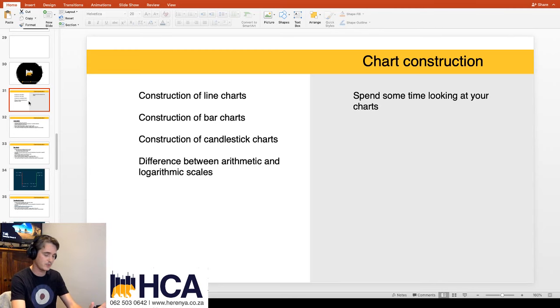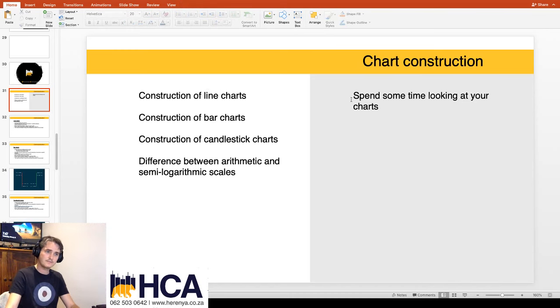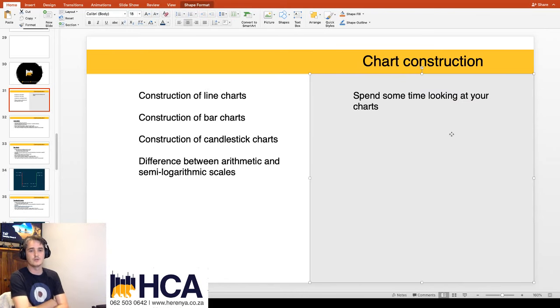So the basic things that we're going to be looking at tonight is the construction of line charts, the construction of bar charts, the construction of candlestick charts, and then the differences between arithmetic and logarithmic scales, as these are actually semi-logarithmic scales. And then I want to spend some time looking at some of your charts as well.